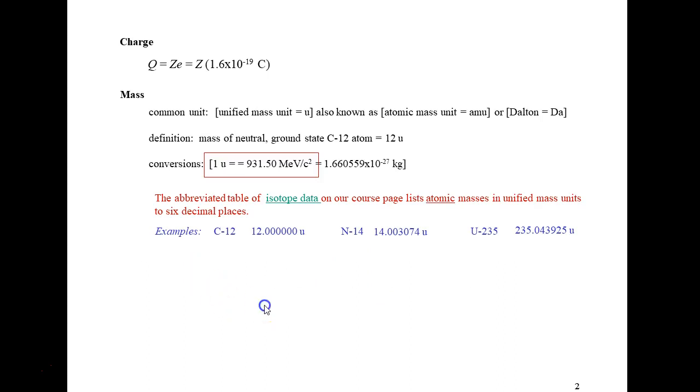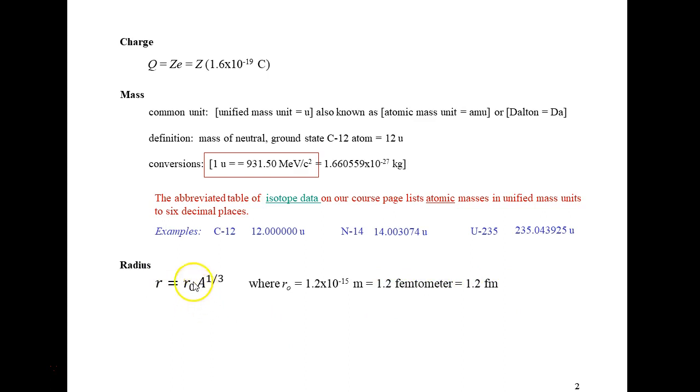Okay, let's go back to the PowerPoint. I think the next topic is the radius. Here's an equation. It's not that important, but it does give you the sense of nuclear dimensions. Roughly, the radius of a nucleus, if you consider it a sphere, is some base radius, R0, which is 1.2 times 10 to the minus 15 meters. 10 to the minus 15 is femto, so that's 1.2 femtometers, fm.